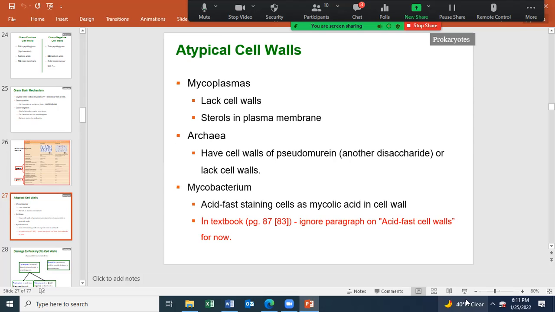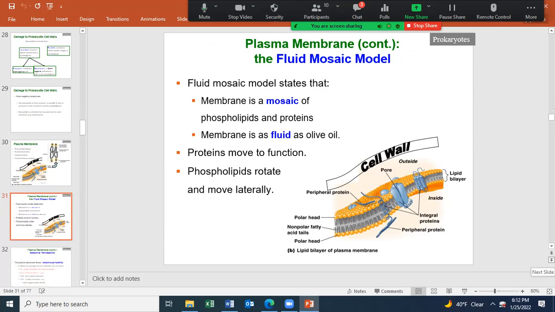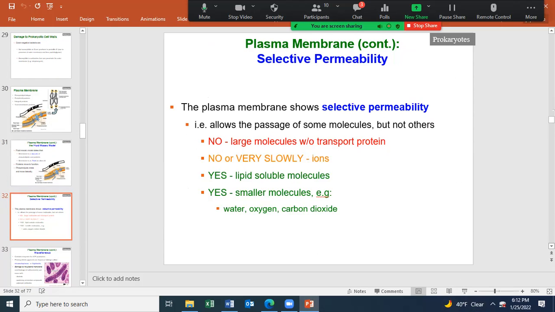And we call these acid fast staining cells because the acid fast stain gets in the mycolic acid and stays there. We will take a look at the mycobacterium later, and I don't think I have a picture of it here. We'll talk about the mycobacterium later in the term.